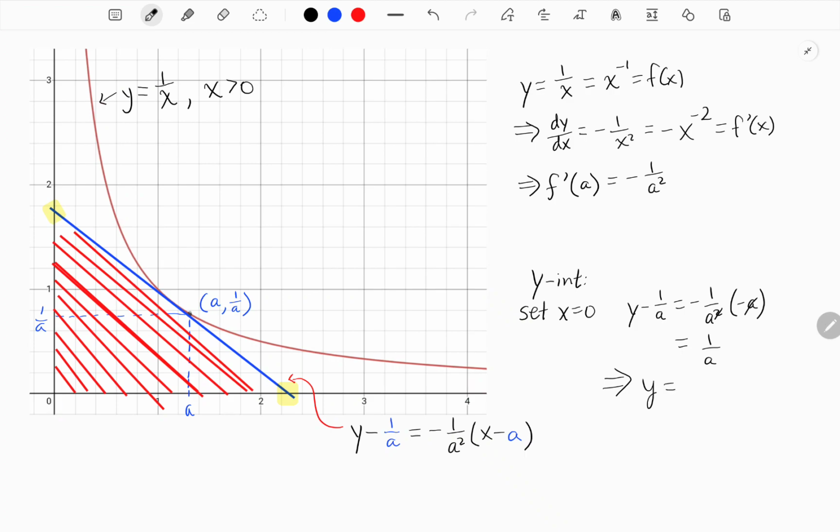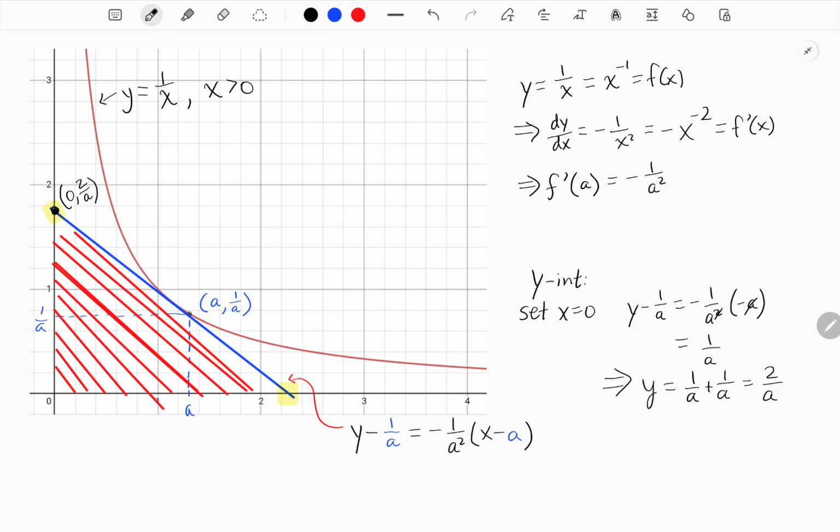So we move the negative 1 over a to the right-hand side. If we add 1 over a on both sides, we get 1 over a plus 1 over a, which is 2 over a. So when x is 0, y is 2 over a. So that is going to be my y-intercept right here: (0, 2 over a).